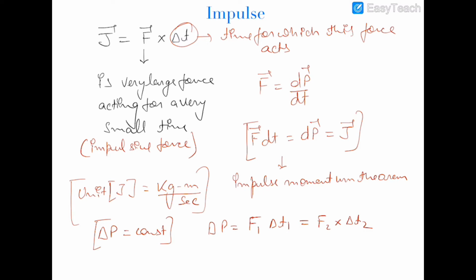So in the first case, if this time is very small, then this force has to be large. And in the second case, when the boy takes his hands in the backward direction while catching the ball, the time in which he has allowed the momentum to change is large. So the force that is required to change that momentum is small.